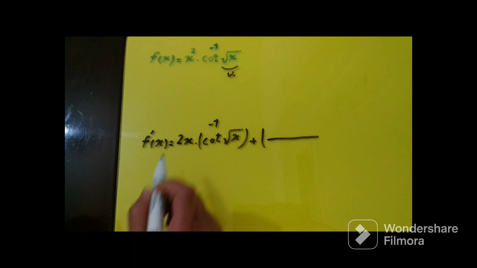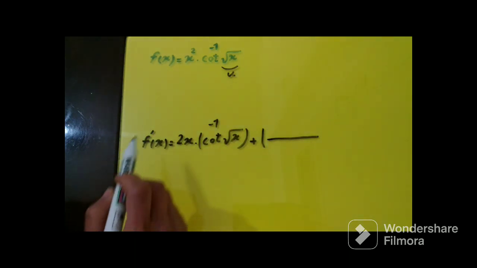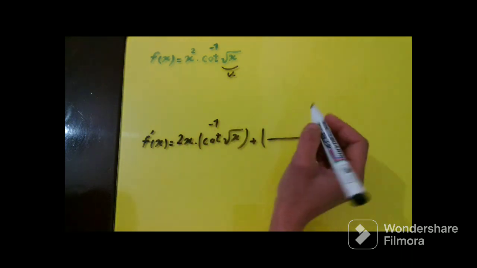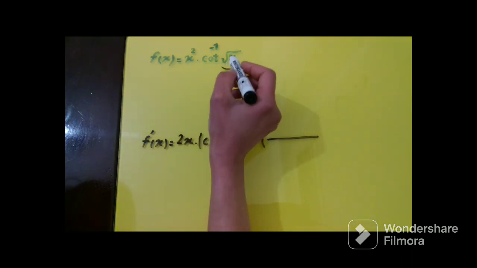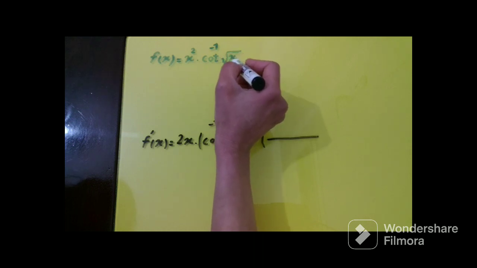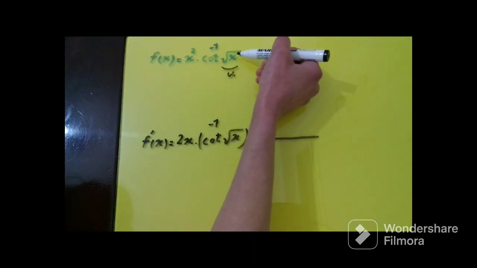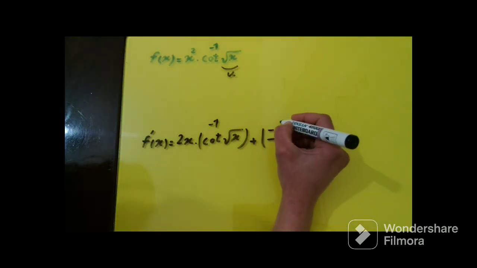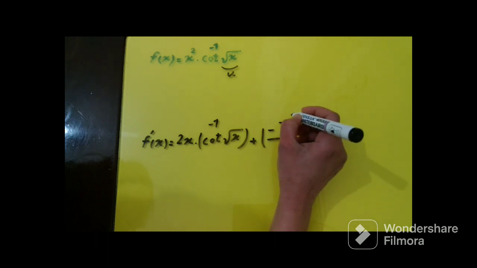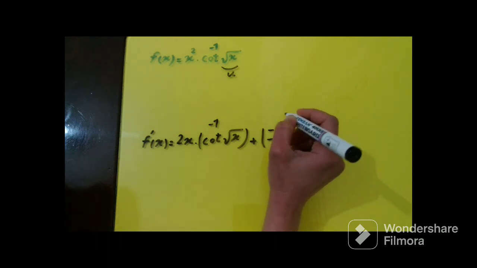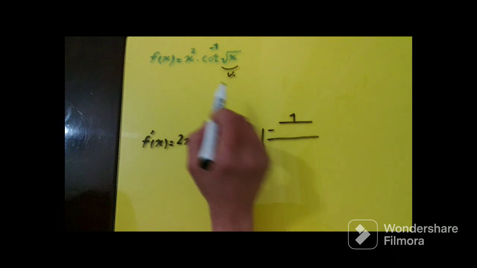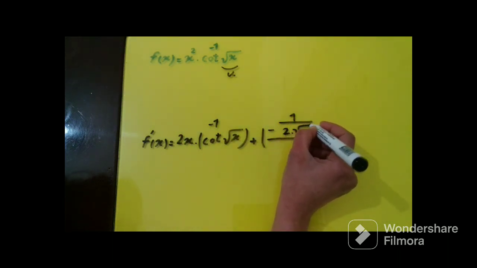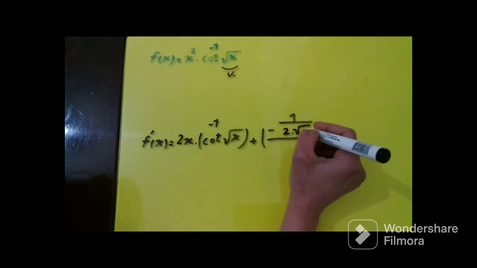for up, there is negative u prime. As you see, u is a radical function. So according to the rule, for up, you should write the derivative of x. As the power is 1, so the coefficient is the derivative. 1. And for down, you should put 2 times square root of x.